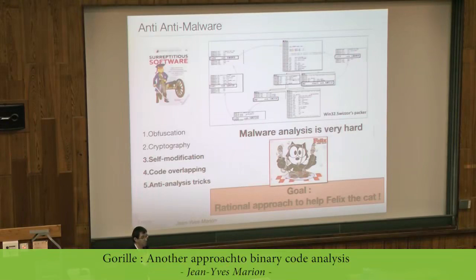And the last point is also very tricky. It is about all these tricks to avoid dynamic analysis: when you are running a malware inside a sandbox, the code is aware that it is being monitored, and so it will evade in some way or another. So how to deal with all these protections against code analysis?